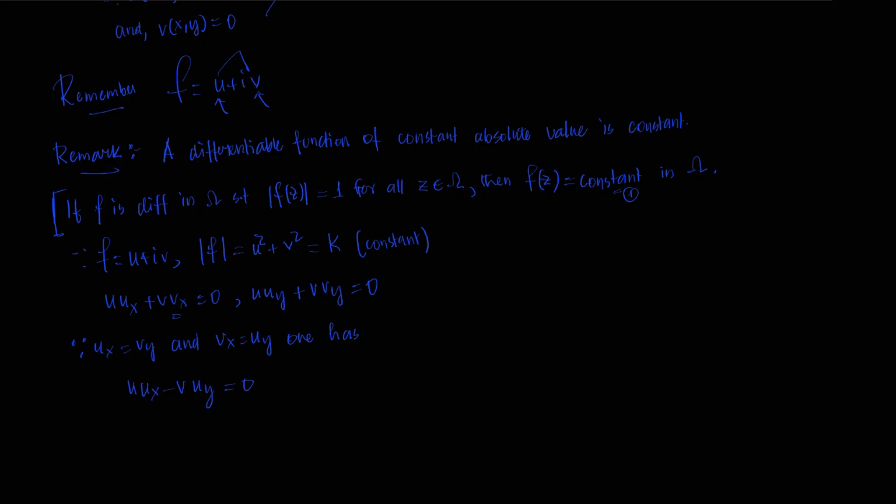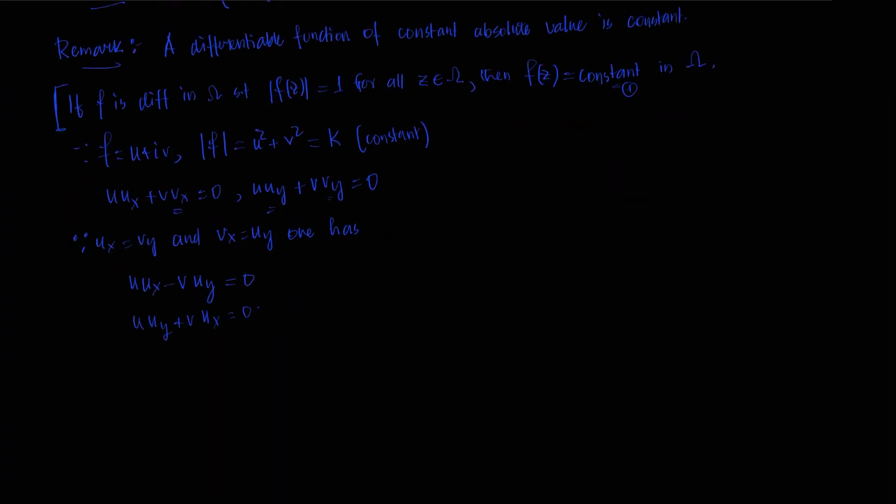And from the second part you have u u_y, and v_y I am going to write as u_x, plus v times u_x equals 0.